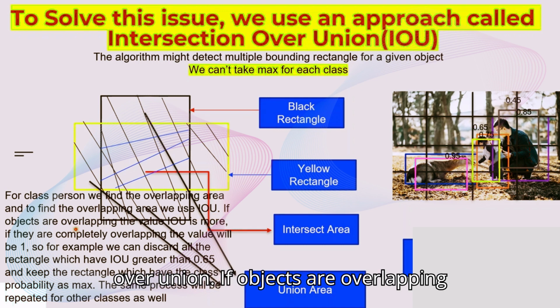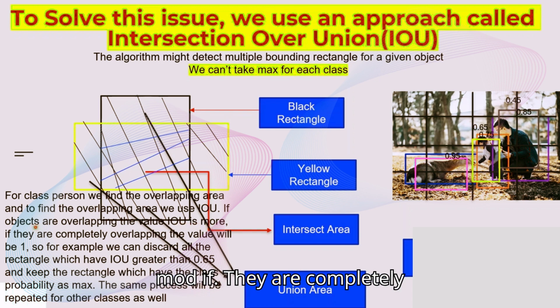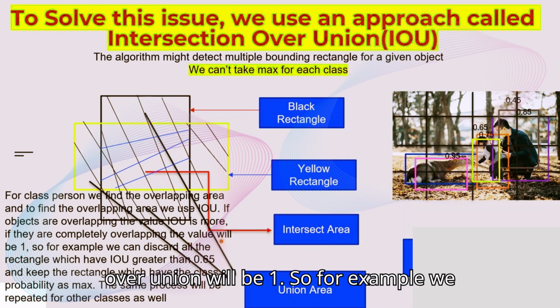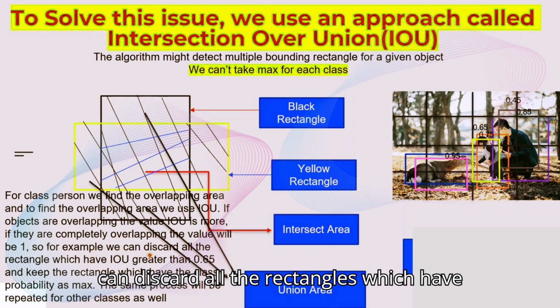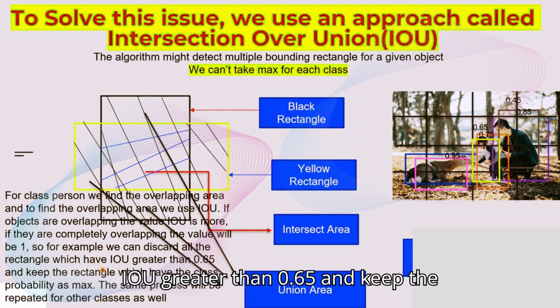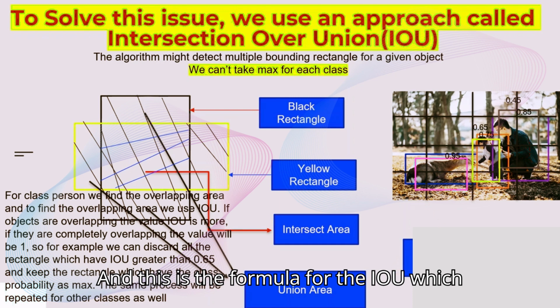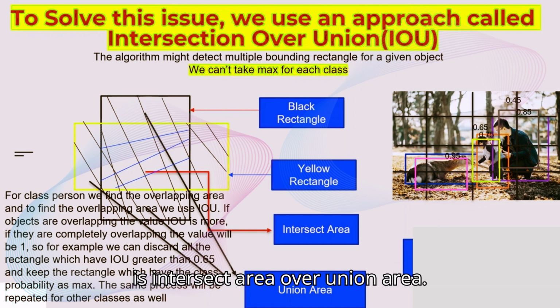If objects are overlapping, the value of intersection over union is higher. If they are completely overlapping, the value will be 1. For example, we can discard all the rectangles which have IOU greater than 0.65 and keep the rectangle which has the maximum class probability. The same process is repeated for the other classes as well, like the baby class and this object class. And this is the formula for the IOU, which is intersection area over union area.